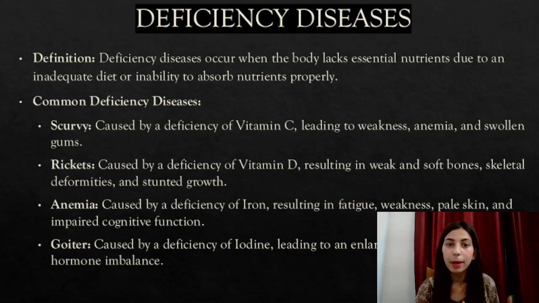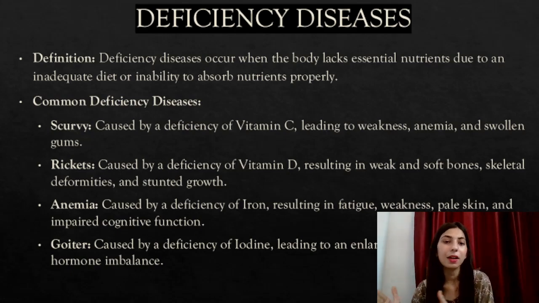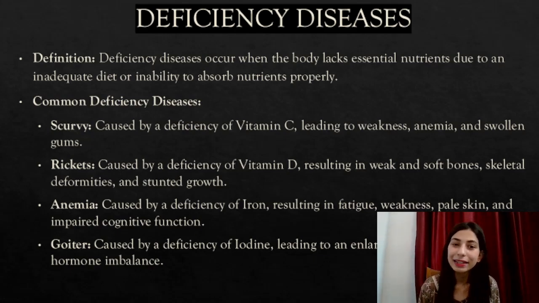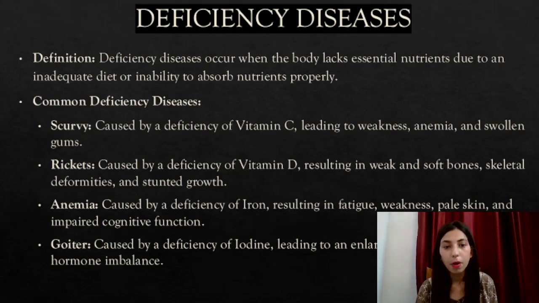If you do not take a proper balanced diet, then deficiency diseases are a common symptom. What are deficiency diseases? They can occur when the body lacks essential nutrients due to an inadequate diet or inability to absorb nutrients properly. If you're not getting a balanced diet, that means you're not getting all the nutrients in the right amount.